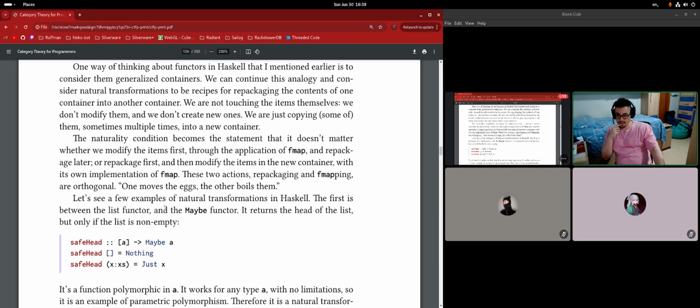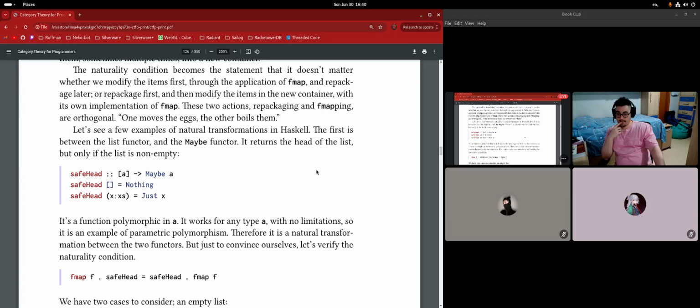Let's see a few examples. So the safe head function is a natural transformation because it's mapping from the list functor to the maybe functor. And it works for any type, right? If you wanted to use the explicit forall, you could, but this can work for any type A. And we are not allowed to ask, oh, if A is specifically this, do this differently, which is what Marinho said, right?